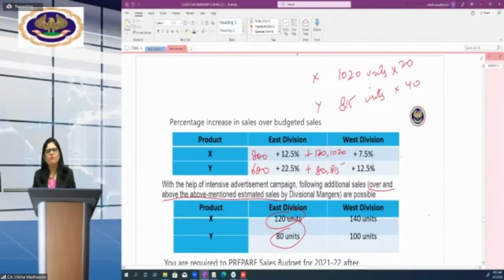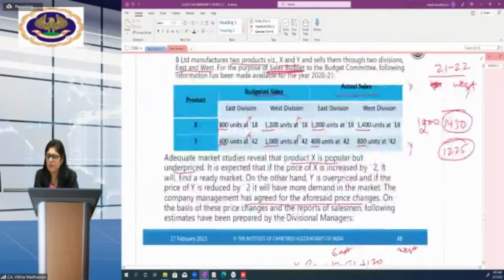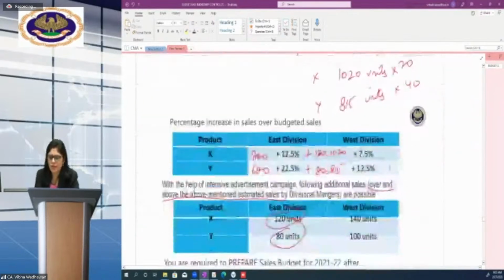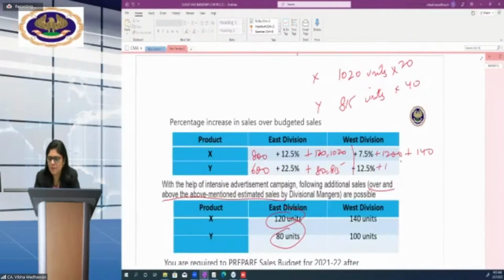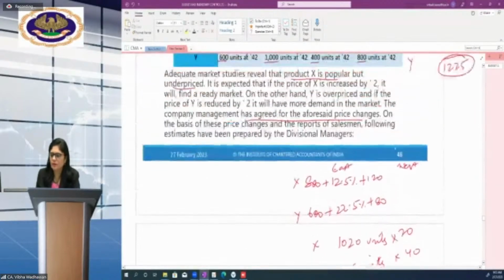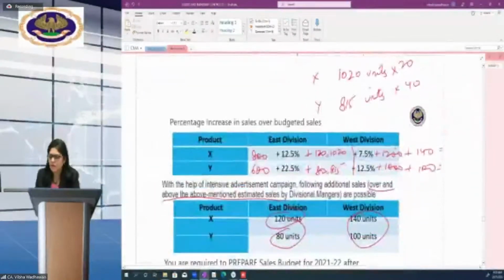Similarly, you can do it for West division. The units are 1200 and 1000, plus 140 and plus 100 due to advertising also. So it should come 1430 and 1225.